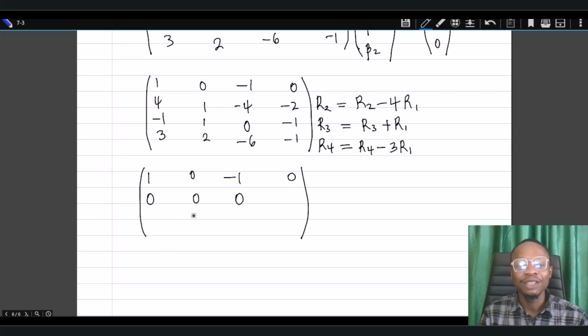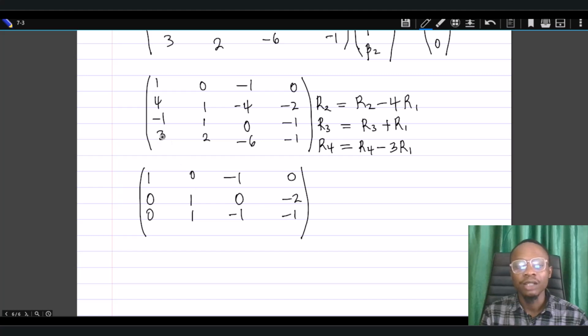R2 minus 4, that is 1 minus 0, please, that is 1. Okay, now this is minus 2 minus 0, that is minus 2. Okay, then what is the next thing to do here? We have this to be R3 plus R1, that is going to give us 0 here. 1 plus 0, that is 1. 0 plus minus 1, that is minus 1. Minus 1 plus 0, that is minus 1.